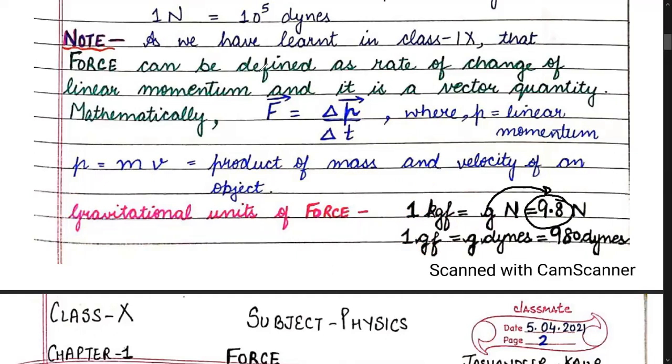In SI unit, small g is 9.8 meter per second square.